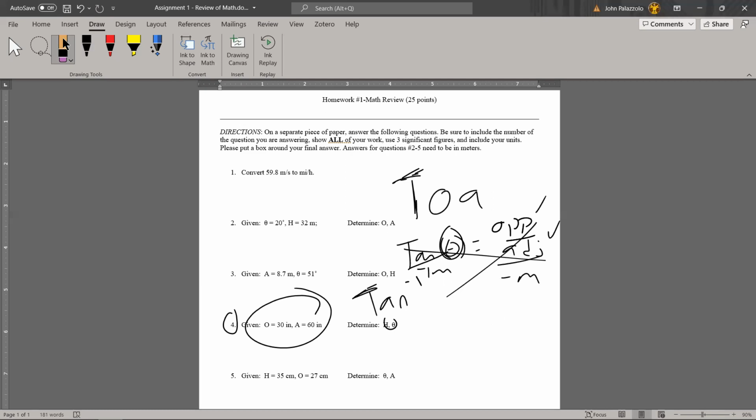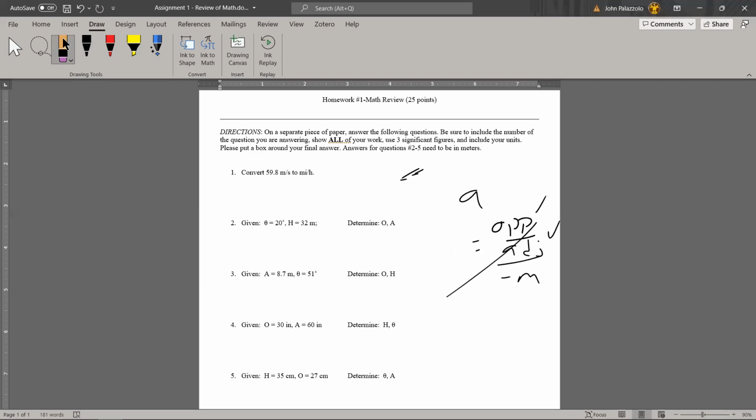And then finally, just a few things to remind you. I'm going to delete all this. For each of these questions, rules of the class, always include your units, okay?